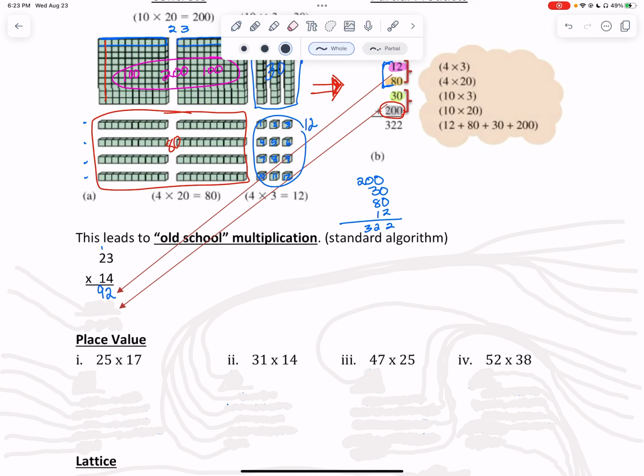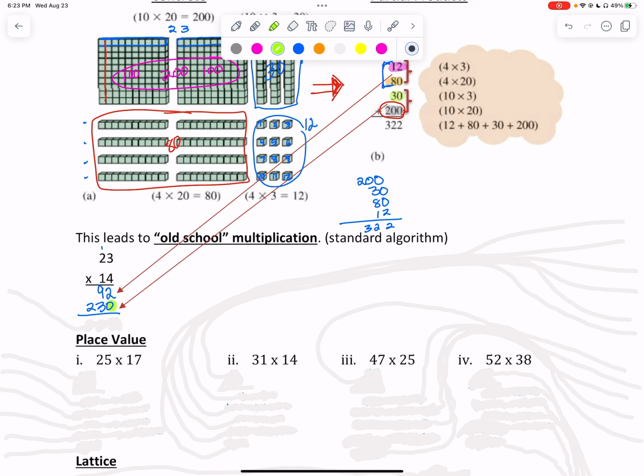And then we're going to go ahead and do the tens. So we multiply that 1, and in old school, you just said, well, just put a 0 there. Put a 0 and then multiply 1 times 23. Students either forget to put a 0 or that's just the rule.